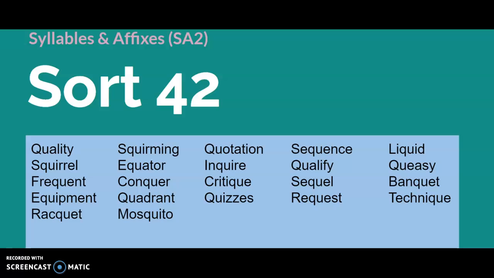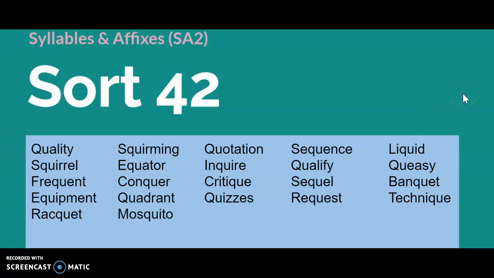If you look on the screen, you'll see our set of 22 words for this set. And as always, we're just going to begin by looking at them and trying to figure out what they might have in common. So if we just scan for starters, we've got quality, equator, quotation, squirming, quizzes, sequel, banquet.